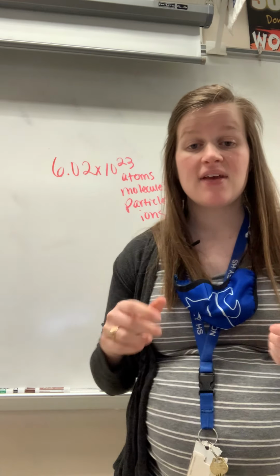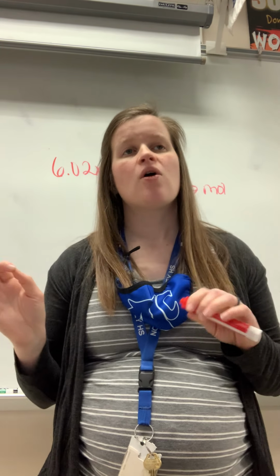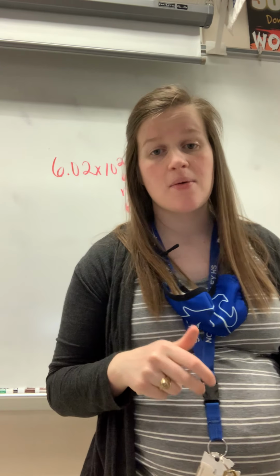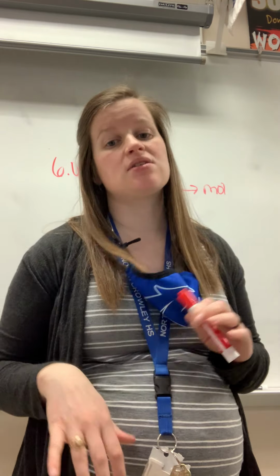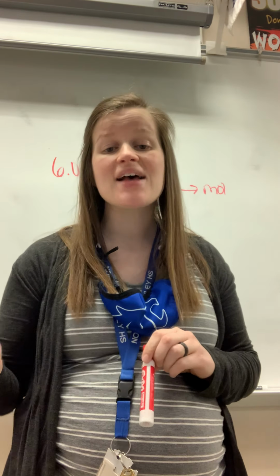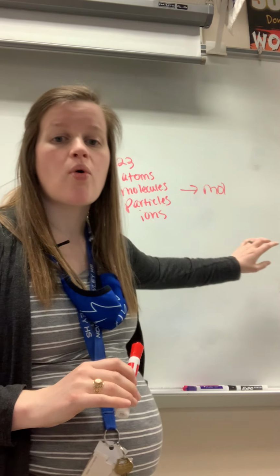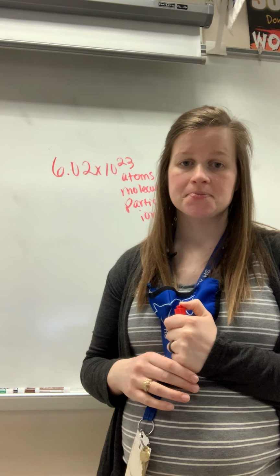So if I am given blah, blah, blah atoms of a compound, or atoms of an element, or blah, blah, blah molecules of a compound, or particles of a substance, or ions of a substance, and I want to do anything with it, no matter what it's asking me for, I first have to go to moles. And how I go to moles is by using Avogadro's number.